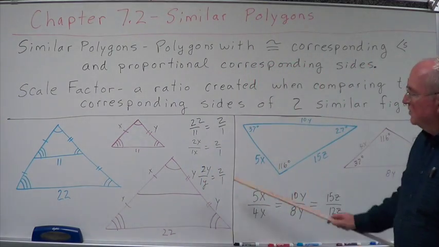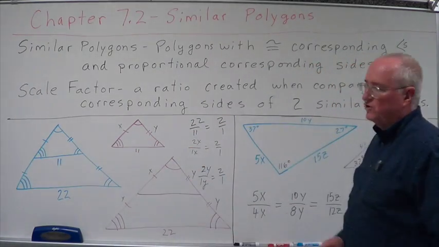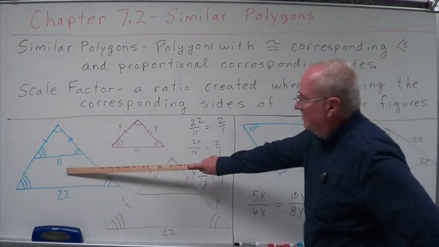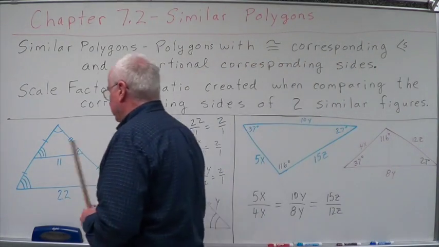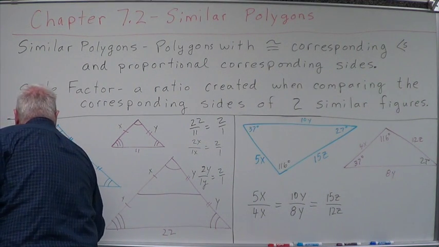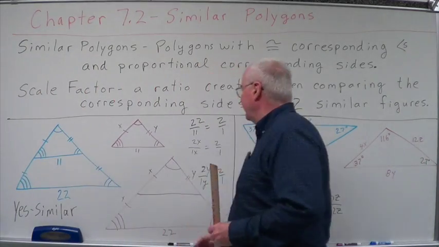Okay? So yes, everything is a 2 to 1. All the sides are proportional the same way, 2 to 1. So therefore, yes, these are similar. Similar. Okay?